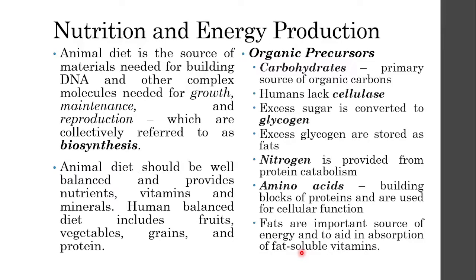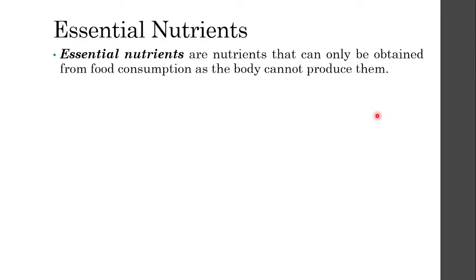So that's basically the various organic molecules that we have to get from eating in order to carry out very important processes in our body. Having said that, let's talk about the nutrition that we eat. Essential nutrients are basically the nutrients that we cannot make and can only obtain by eating them.